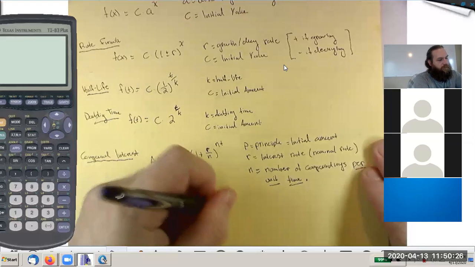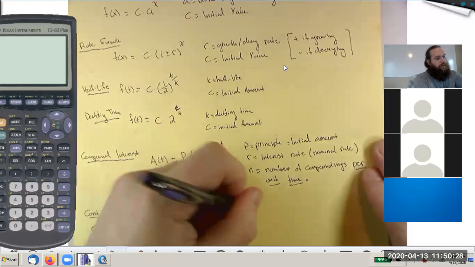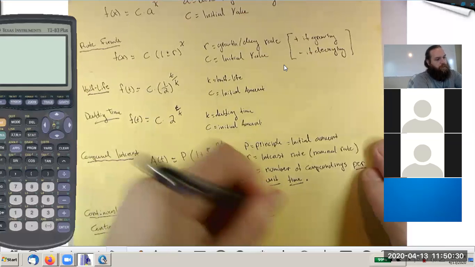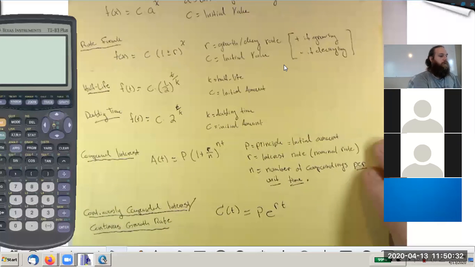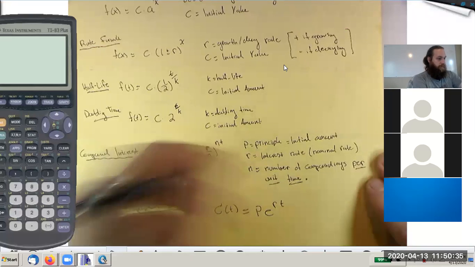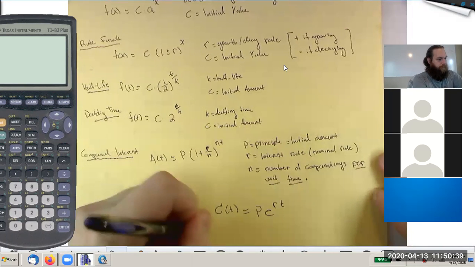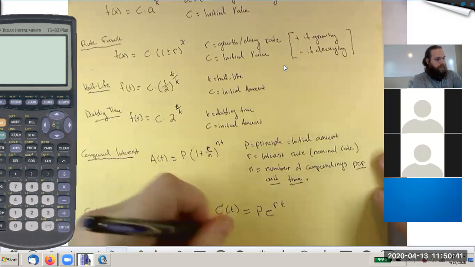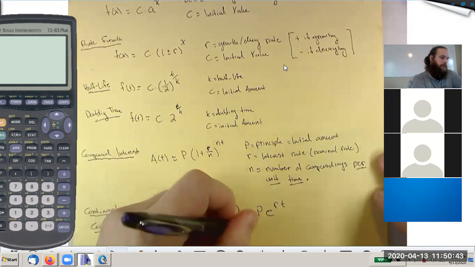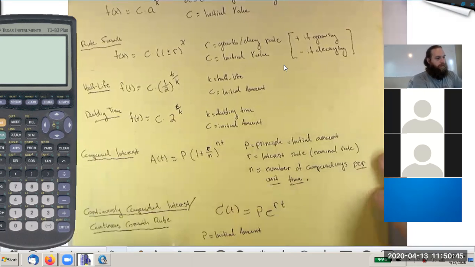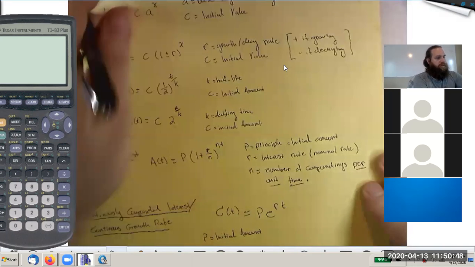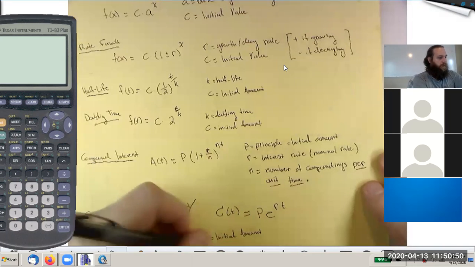We call this C of t, and it is p times e raised to the rt, where here p is the initial amount, just like in the other interest problem. It plays the same role as C does in these other problems.